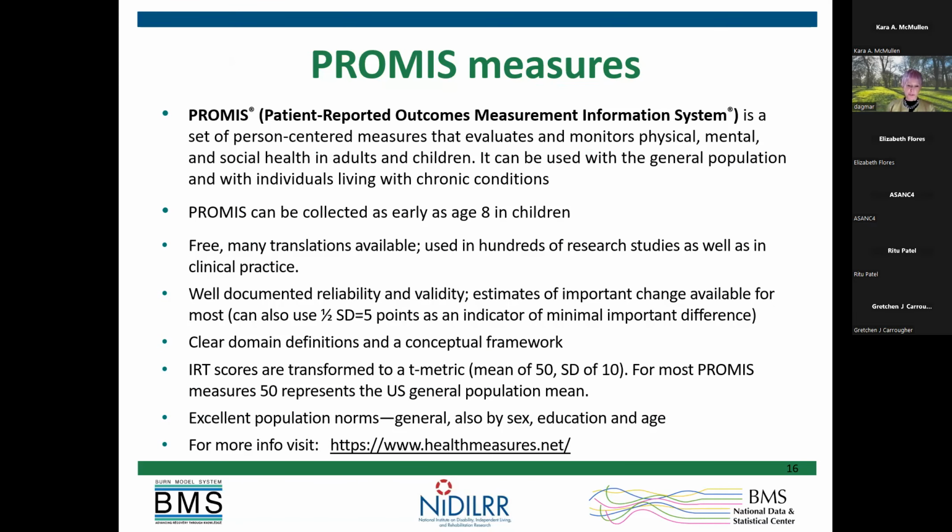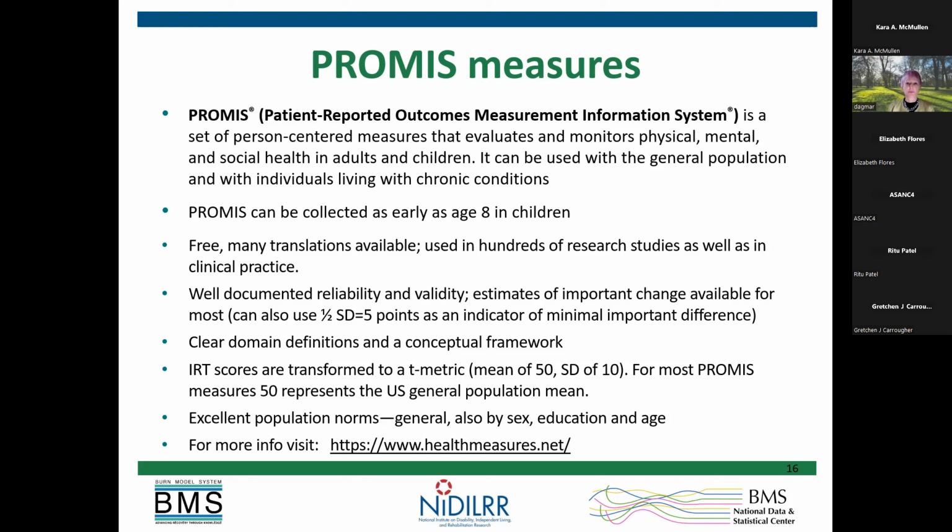The first set of measures I'd like to talk about are the PROMIS measures. PROMIS stands for Patient-Reported Outcomes Measurement Information System. These measures were developed with funding from the National Institutes of Health, and it's a set of person-centered measures that evaluate physical, mental, and social health status in both adults and children.